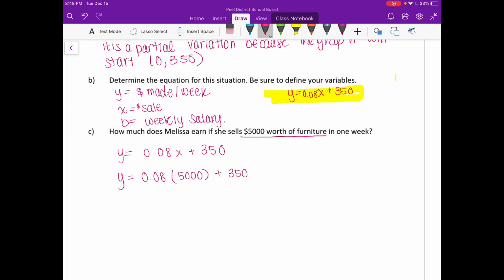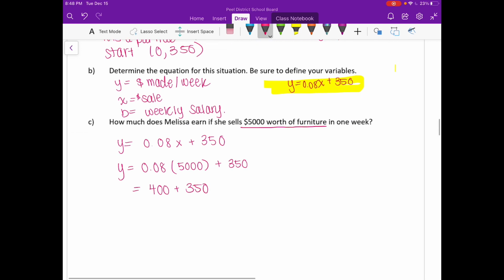So right off the bat, what's 0.08 times 5,000? 8% of 5,000 is going to be 400, right? So she'll make $400 in commission plus the $350 she's making regardless. So altogether, she'll have made $750 that week. So Y will equal 750.